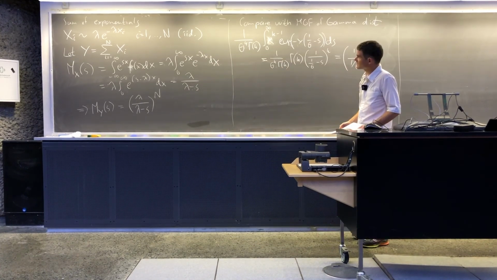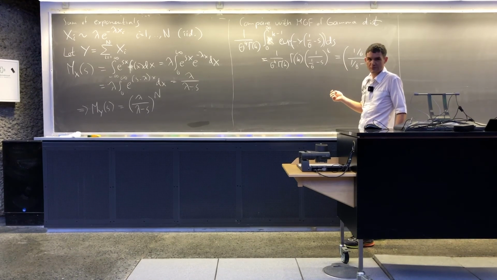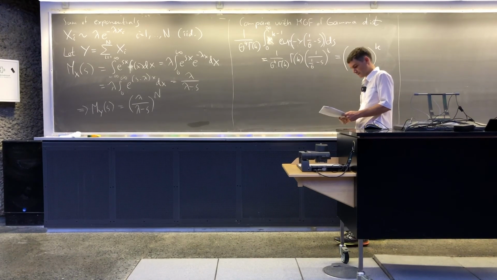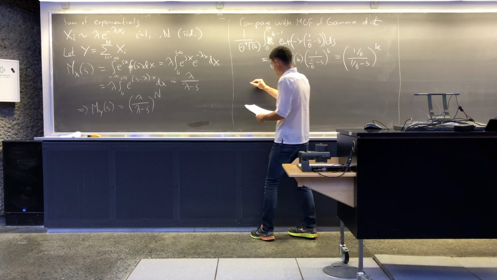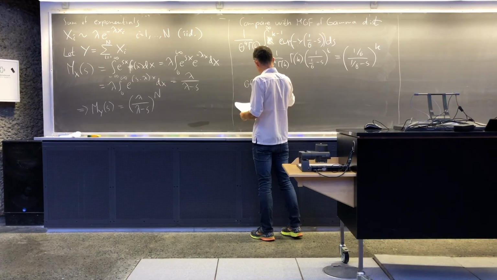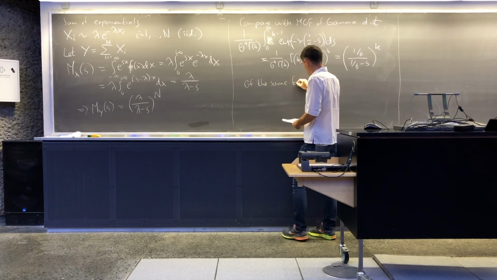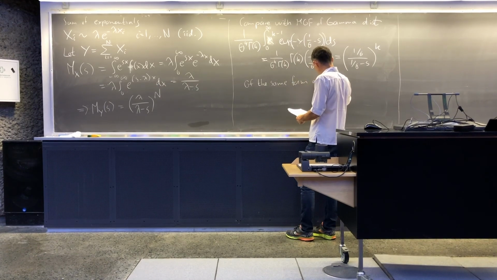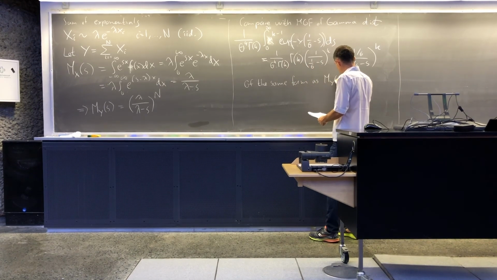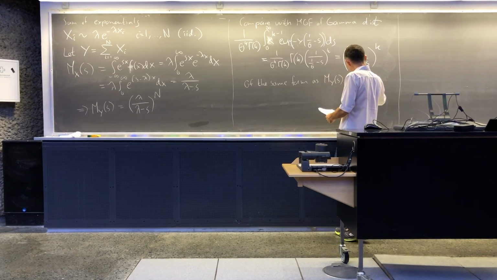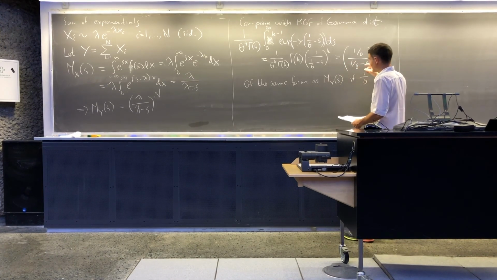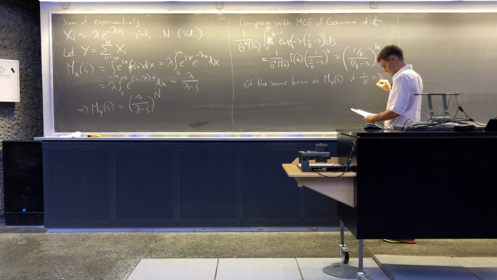So then I have basically shown that the sum of exponentials must be gamma distributed. This is of the same form as before, if 1 divided by theta, which I have here, is the same as lambda.